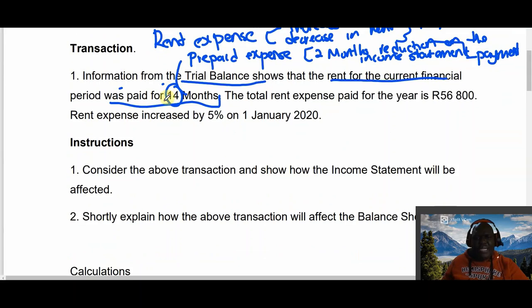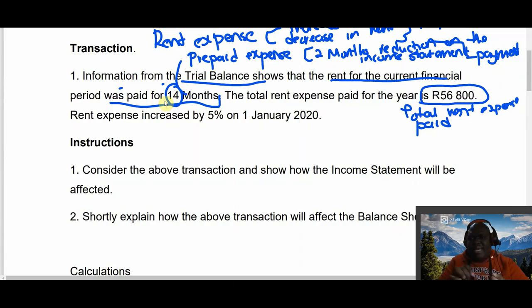So now on the information, they are saying that the rent expense paid for the year is 56,800. So this means that this is the total rent expense. This is the total rent expense that was paid by the business to Mahikeng Community Hall, because remember, this is where we are hosting the contact lessons.